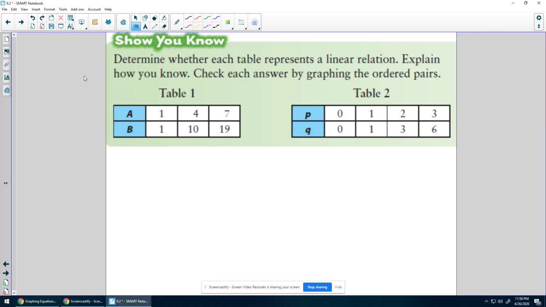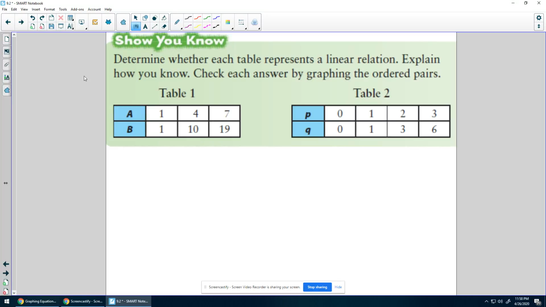Determine whether each table represents a linear relation. Explain how you know. Check each answer by graphing the ordered pairs. Okay, so here I'm not going to get you to graph the ordered pairs. I'm not going to do it either. I think we understand how to graph, how to plot points.